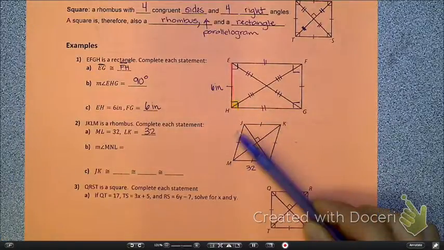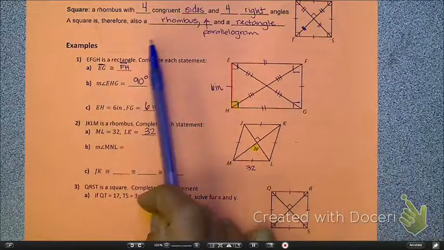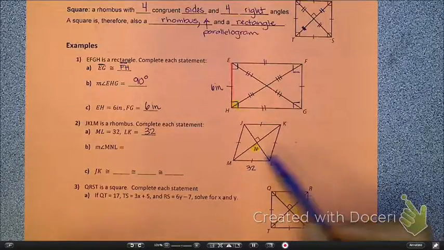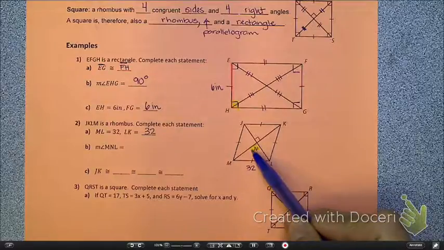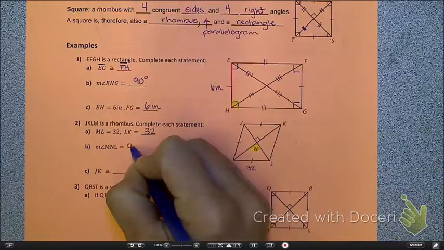And so we know that in a rhombus, one of the properties that you guys wrote down up above was that a rhombus has perpendicular diagonals. So perpendicular means having a 90-degree angle. So this angle N here is formed by both of the diagonals, therefore it must be 90 degrees.